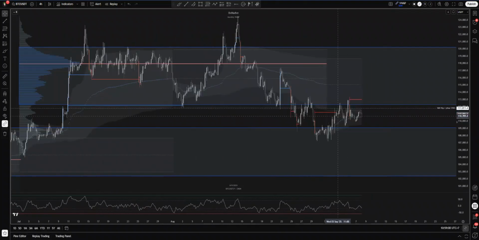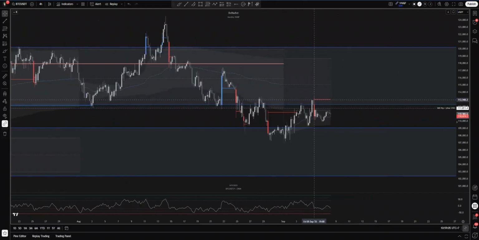Wow, on the 4 hour here, you see on Friday, huge POC above here. When we try to break above the 2 months value area low, but we close below, and that's not looking good from our time frame perspective.